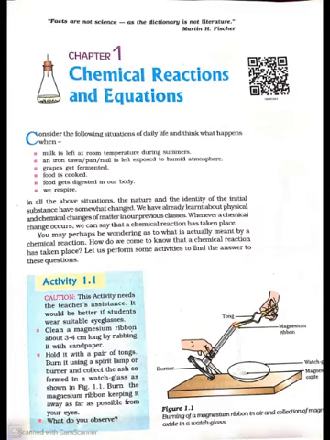The reactants are written on the left hand side, LHS, with a plus sign between them. Similarly, products are written on the right hand side, RHS, with a plus sign between them. The arrowhead points towards the product and shows the direction of the reaction.